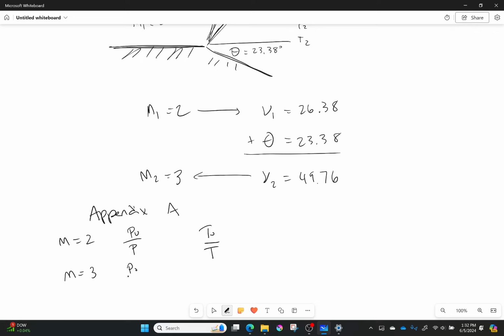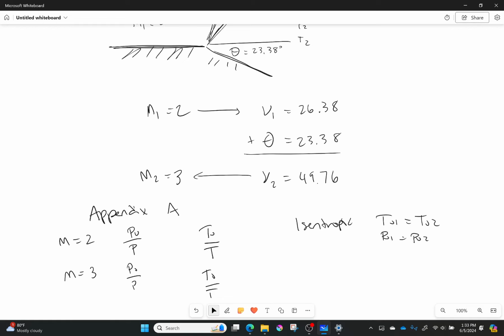So what is it in both these cases? And remember that because this is isentropic, T naught 1 is equal to T naught 2, and P naught 1 is equal to P naught 2. We need to know that because it makes it a lot easier on us.